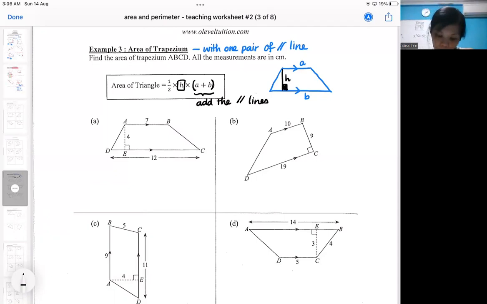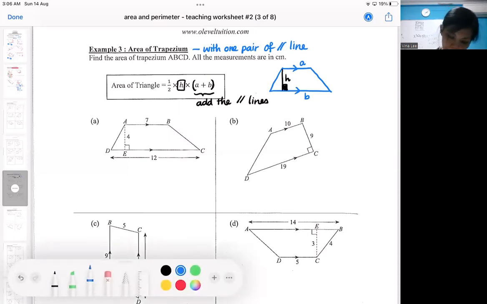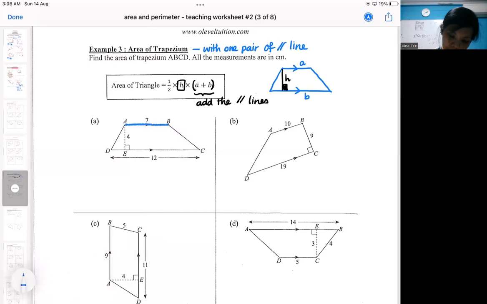Okay, so let's try to identify the parallel lines. So this is like A, and then this is B. The height also has to be perpendicular.